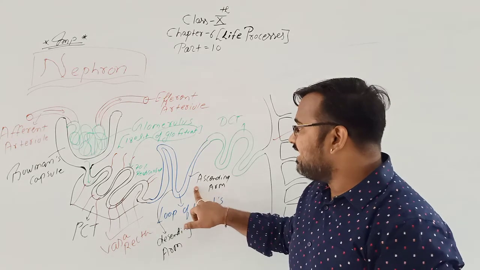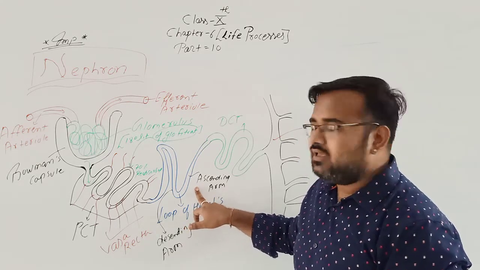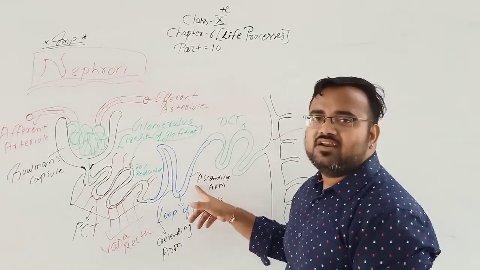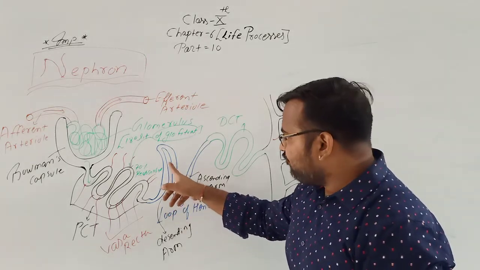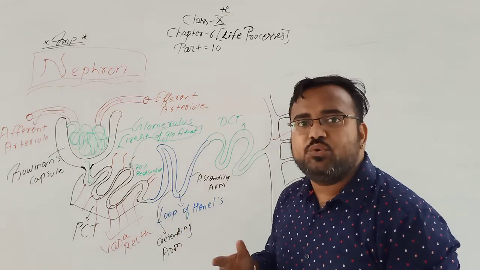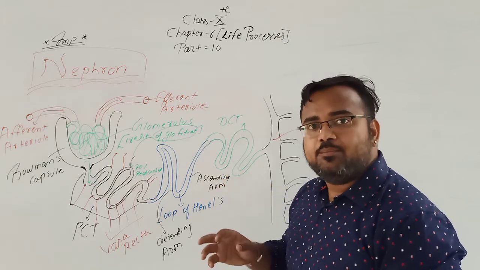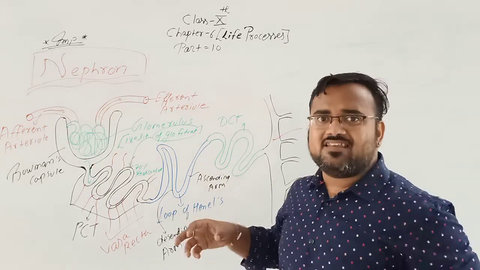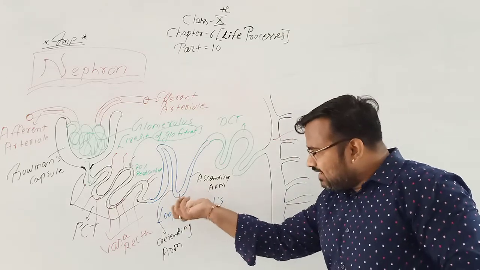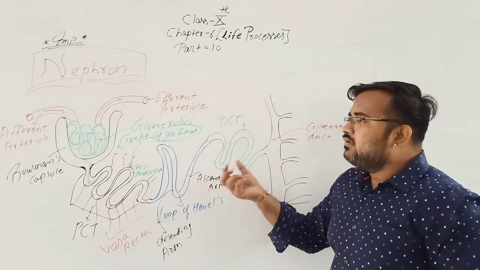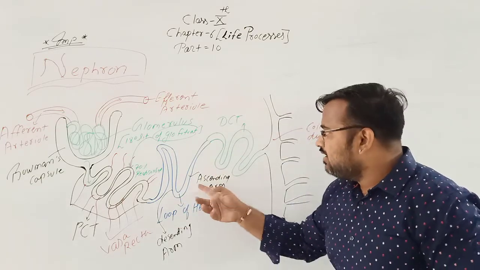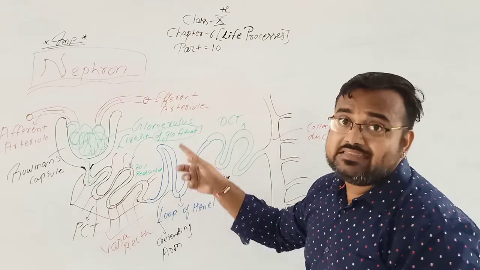And in the ascending arm, only ions get reabsorbed, the ions which are essential for our body. Therefore, here the concentration of urine decreases.